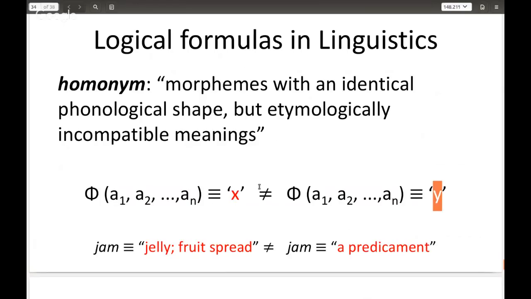So X and Y here are different meanings. So for an example, the word jam is the same as jelly, fruit spread, but it is not the same as jam, which is the same as, because this is what this means, same as. It's a kind of equal sign, but a little bit more precise. A predicament.